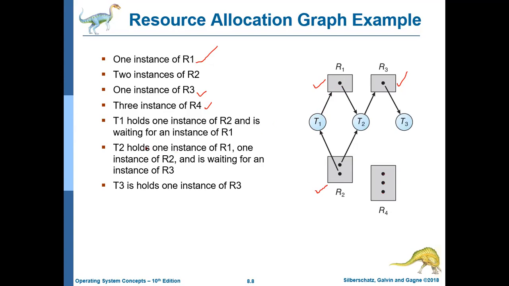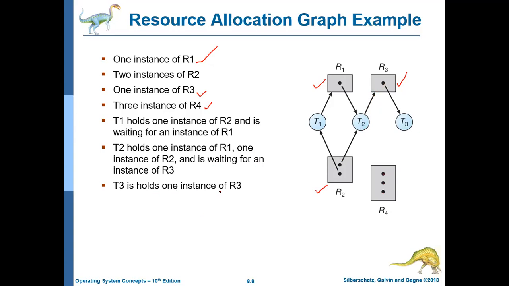Okay, then T2 holds one instance of R1, so R1 to T2, and one instance of R2 is given to T2, and T2 is waiting for an instance of R3. This is a request edge, T to R. It is waiting, or you can say requesting.